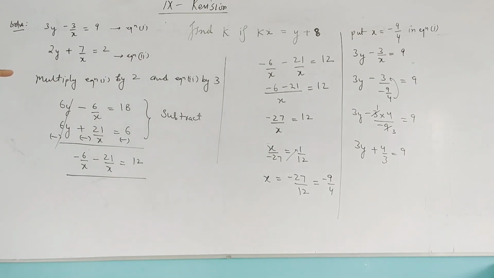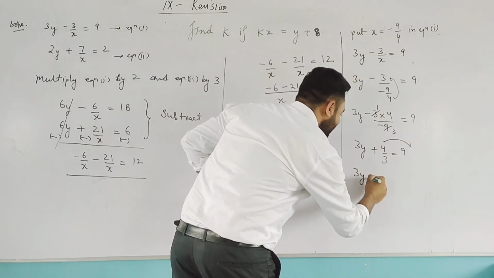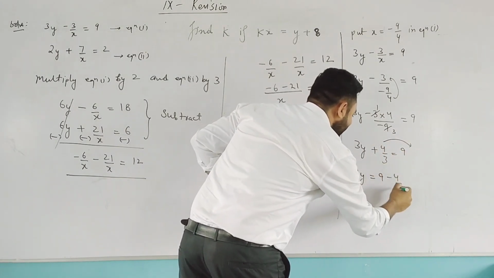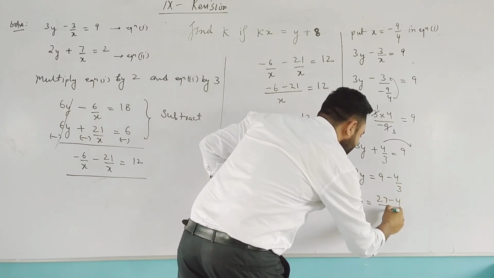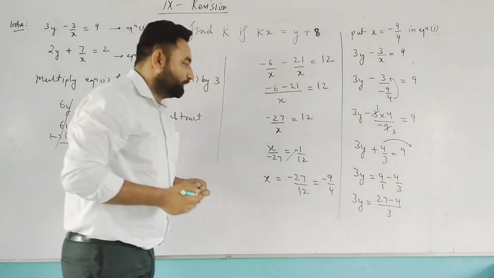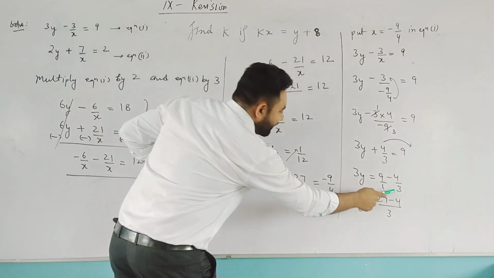As we are having two negative signs, which makes the equation positive. Now, let's take 4 by 3 on the right hand side with the opposite sign. Take the LCM of 1 and 3, which are in the denominators, and multiply 9 by 3, which becomes 27.